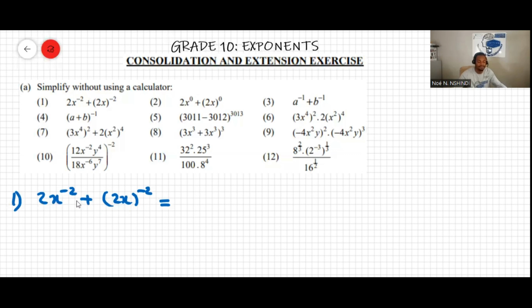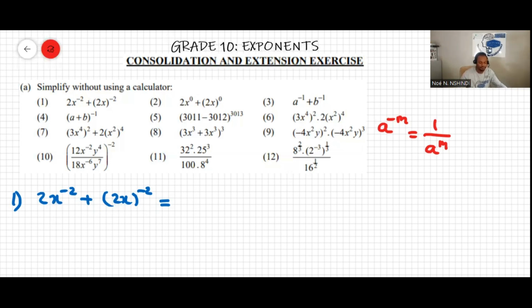Now we can apply some law of exponents here. We do know that when we have a negative exponent, like a to the negative m, this is equivalent to writing 1 over a to the m. This formula can be applied for the two terms that we have here.